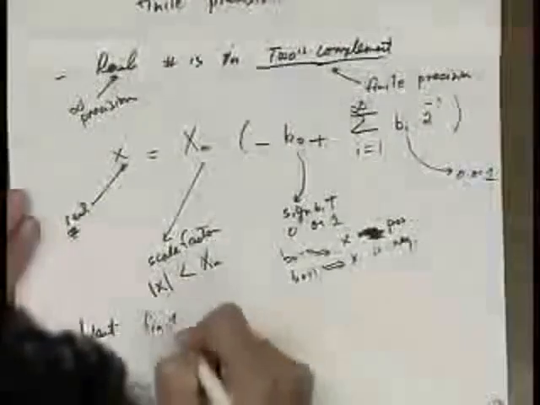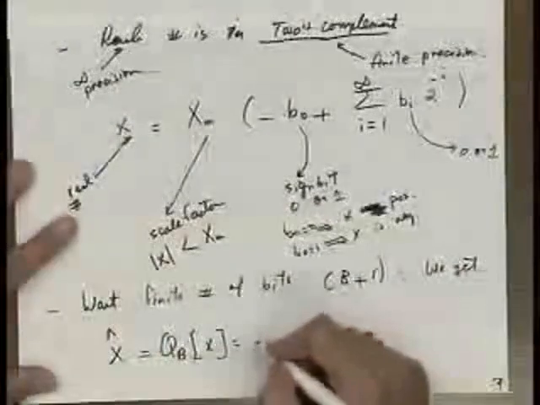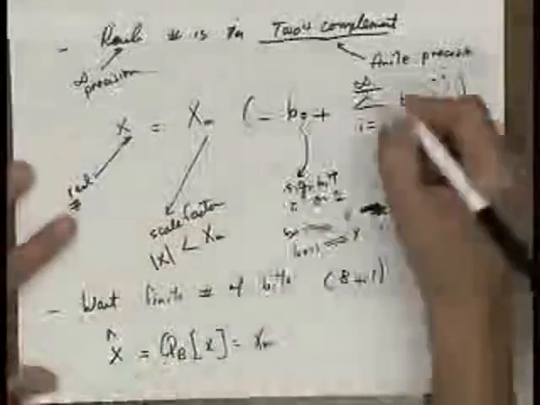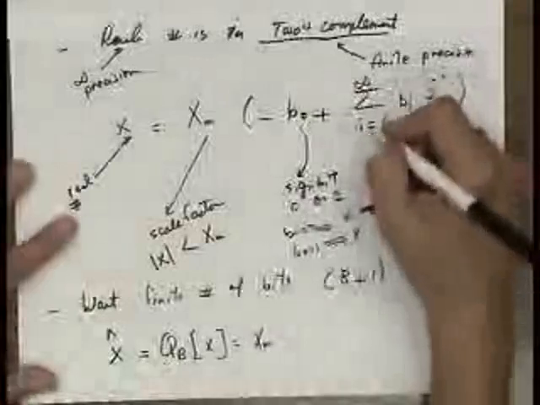Now, what if I insist on having a finite number of bits? So we want a finite number of bits. In this case, I say b plus 1 bits. And if we do that, we get the following. The quantized version of x, which I call x hat, quantized with b bits, is given by x sub m, the same thing, but I'm just not going to let this go to infinity.